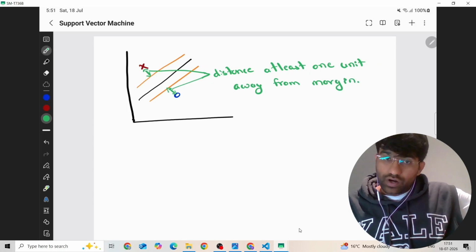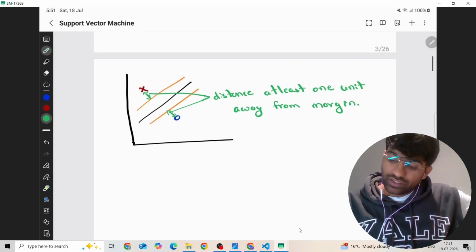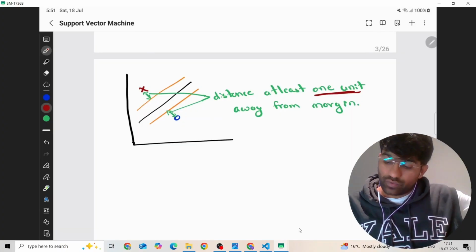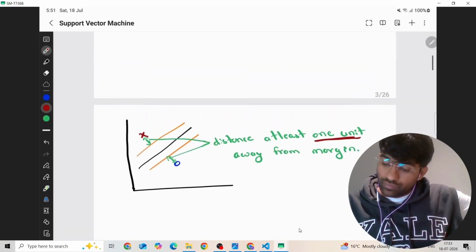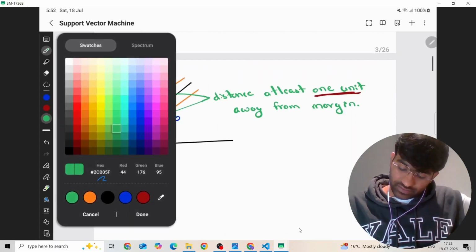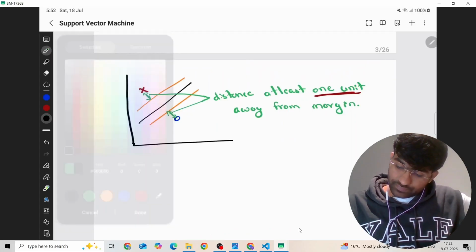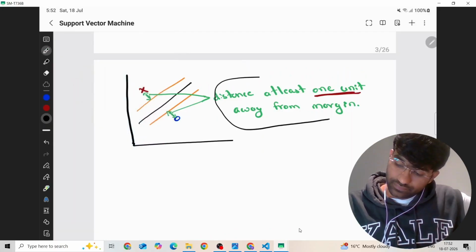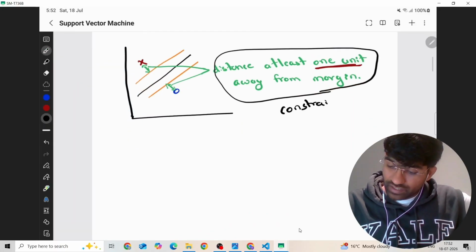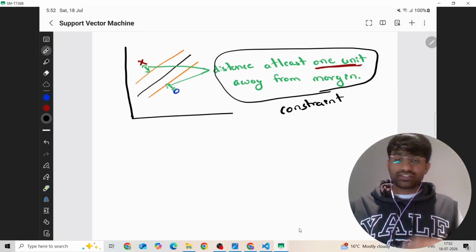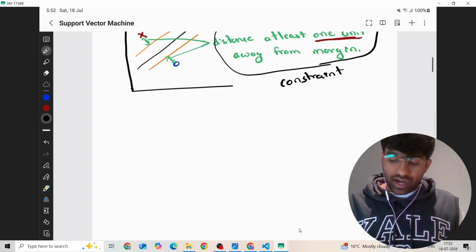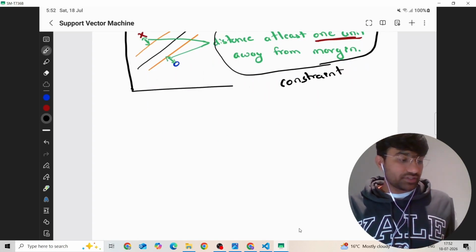We want to add this constraint now: at least 1 unit distance from the margin. We are restricting that the point is at least 1 unit away from the margin. We have to add this constraint to our function.